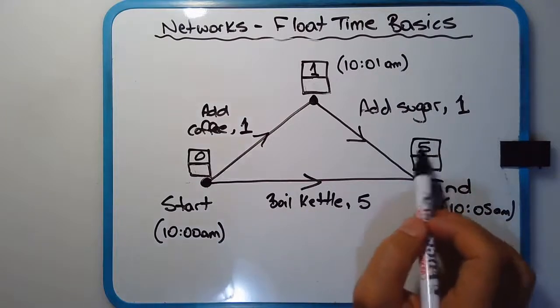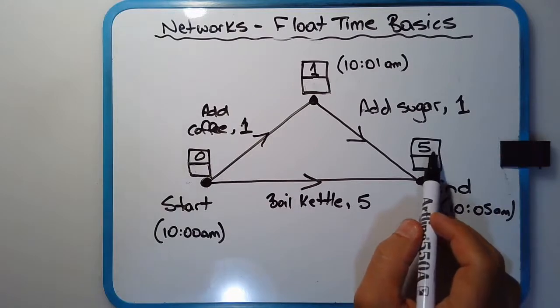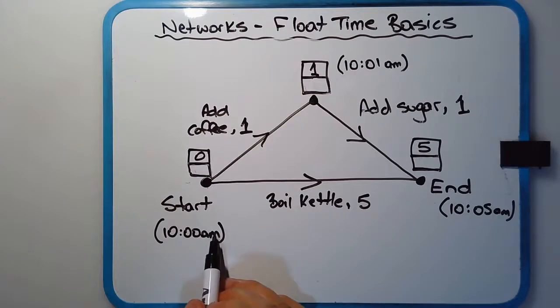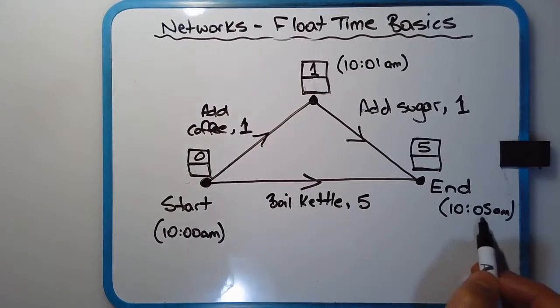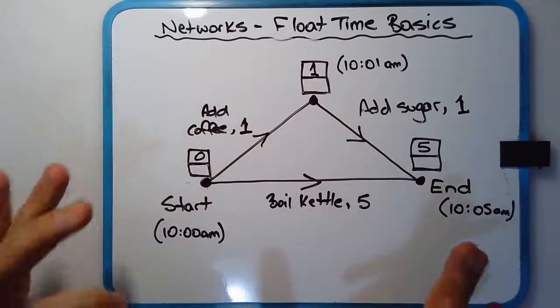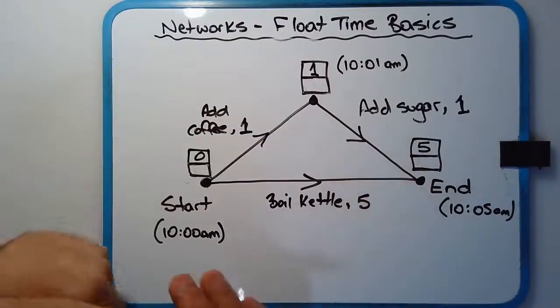So obviously you've got to pick the larger number, which means that if our project started at 10 a.m., and I think sometimes it helps to think of an actual start time, I just make up an arbitrary one, the project's going to finish at 10:05. I know there are other parts of making a coffee, of course, but for the sake of explanation I'm just focusing on these 3 basic activities.